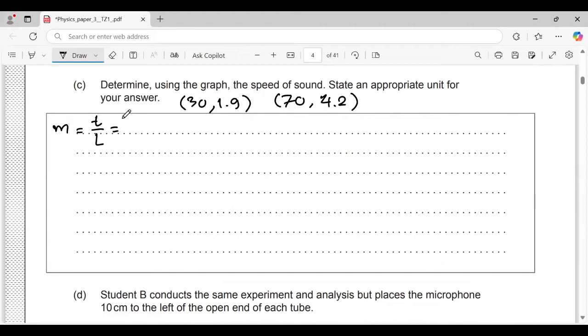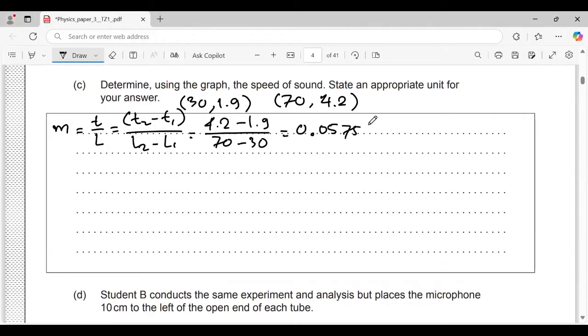So it is t2 minus t1 over L2 minus L1, which is 4.2 minus 1.9 over 70 minus 30. If you calculate, the result is 0.0575 milliseconds per centimeter, because the L unit is centimeters and the t unit is milliseconds.